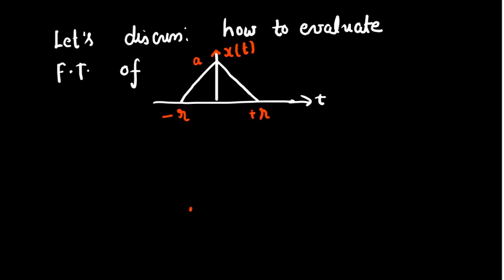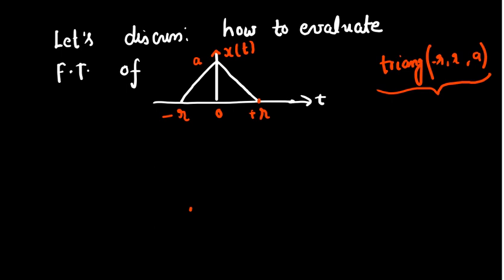The triangular signal has height A and is symmetric around 0, with this point as minus R and this point as plus R. Any such symmetrical signal, we represent by this. Our objective is to evaluate the Fourier transform of such signals.